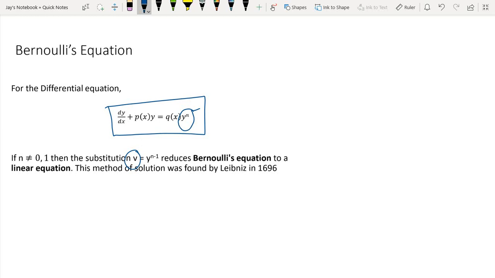So basically, to sum it up, the procedure is just converting the equation into a linear form. And that's the time we can use the linear equation procedure in computing the general solution and or particular solution.